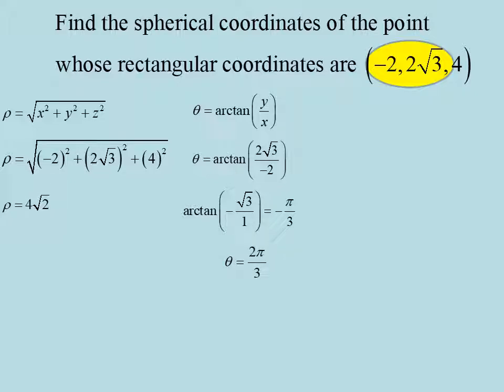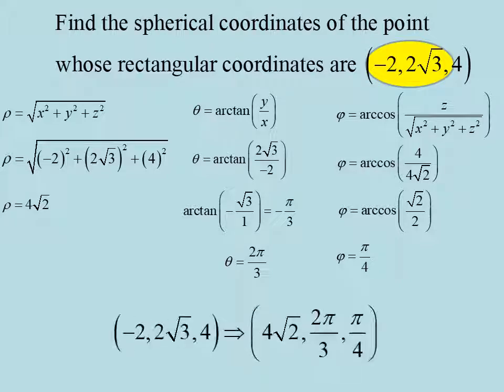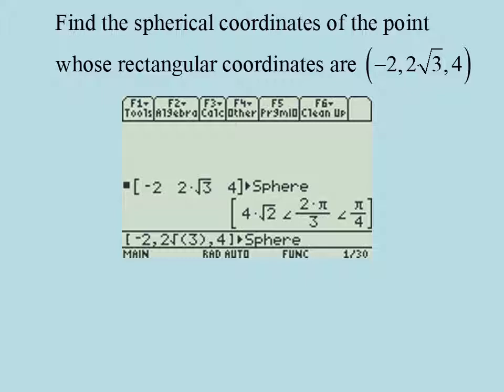And that would be 2 pi over 3. And we can just type this in. And so there's our point conversion. And likewise, this is what it would look like on the TI-89.